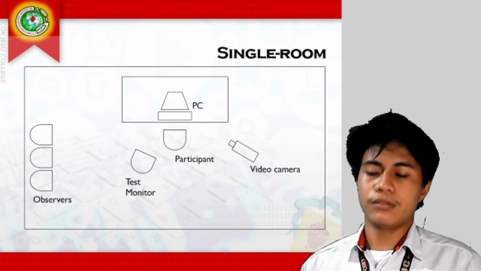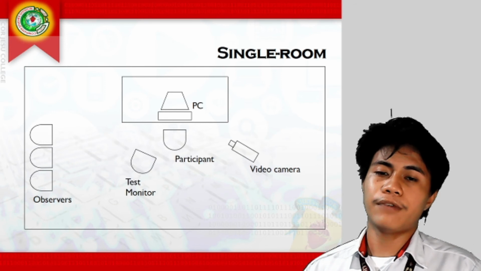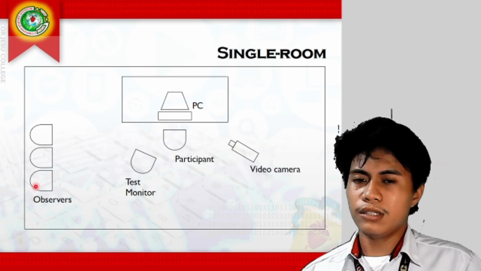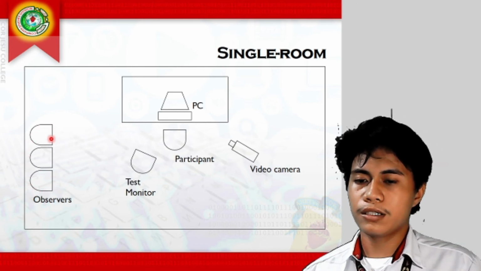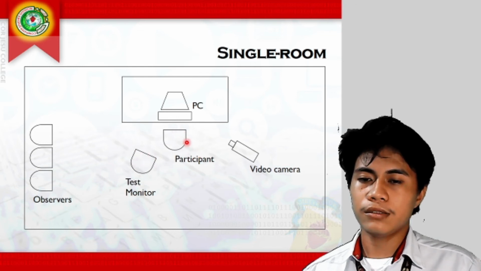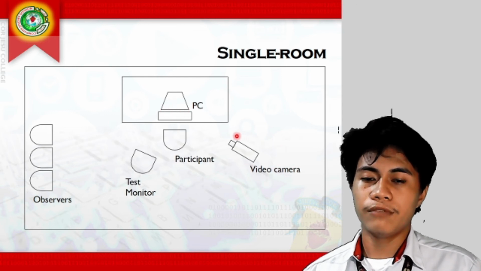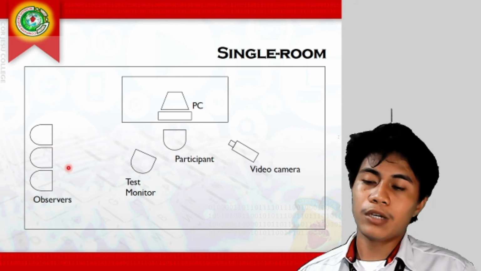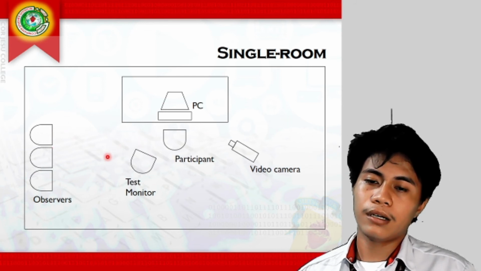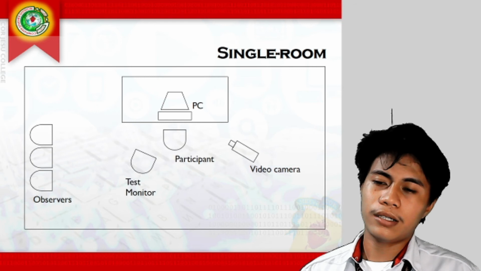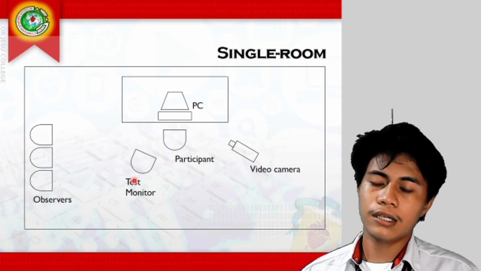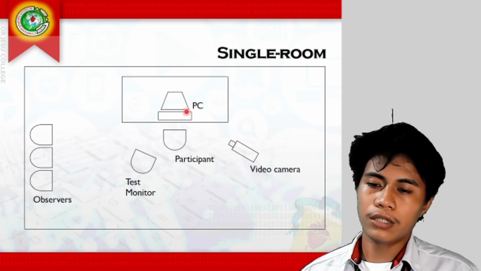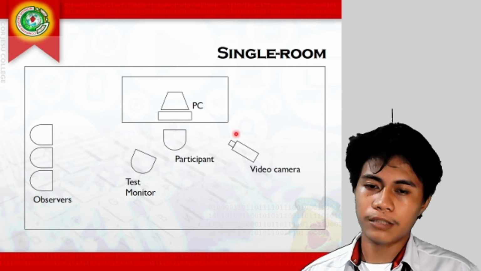Next is testing environments. Single room. So these are the types of testing environments. In a single room are the observers, the test monitor, the participant, the PC being used by the participant, and the video camera. All of the people involved in the testing are in one room only, and they are not separated.